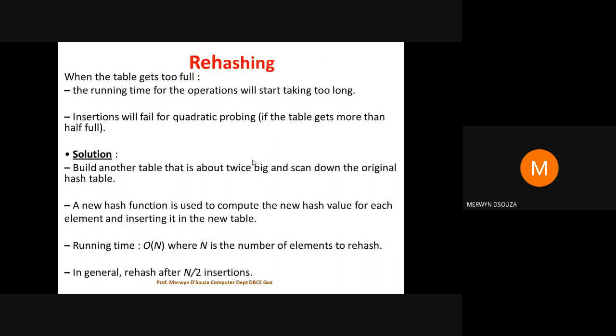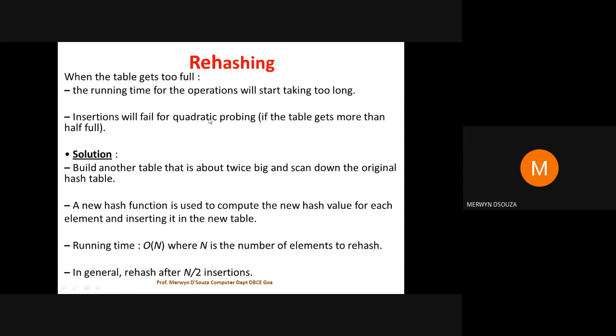Okay, so this is another method known as rehashing. When the table gets too full, you can do something known as rehashing. When the table gets too full, inserting or deleting operations will start taking too long, or the insertions will start failing for open addressing methods like linear probing, quadratic probing, double hashing.